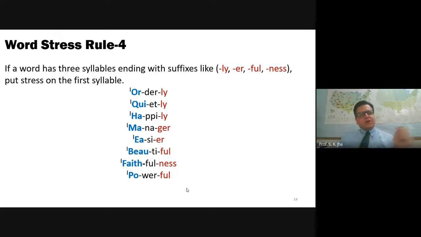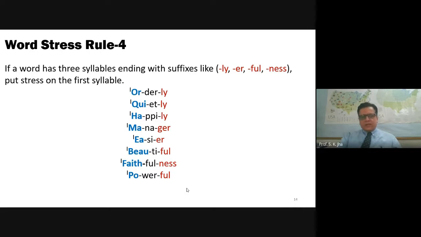You will put stress on the first syllable, like orderly, quietly, happily, manager, easier, beautiful, faithfulness, powerful. So I'm giving stress on what? On the first syllable, because the rule says that if a word has 3 syllables ending with any of these suffixes, then you have to put stress on the first syllable.